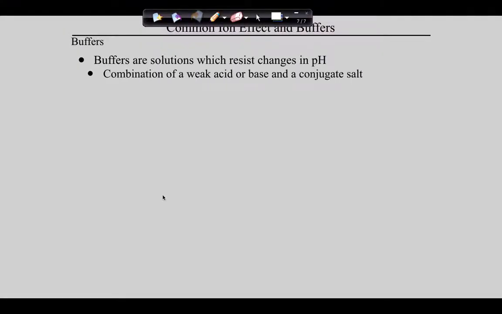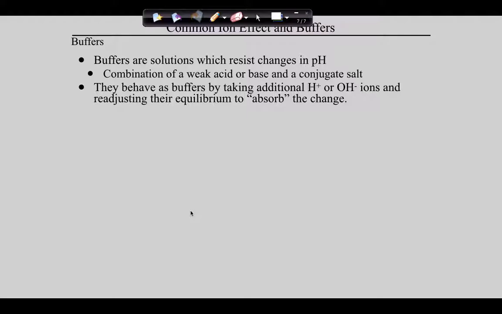So the question then becomes, how do they do this? Fundamentally, what buffers do is this. They have this really amazing ability to soak up hydrogen ions and to soak up hydroxide ions without significantly changing their pH.